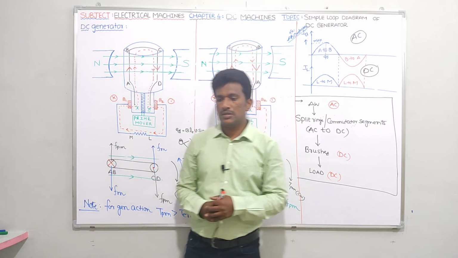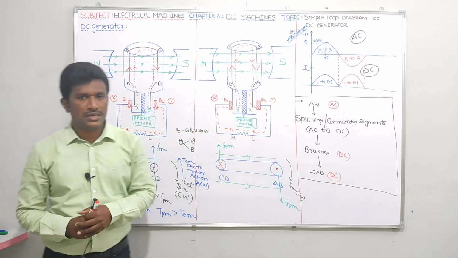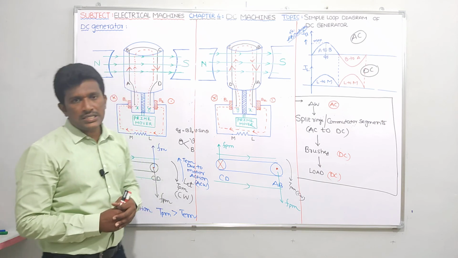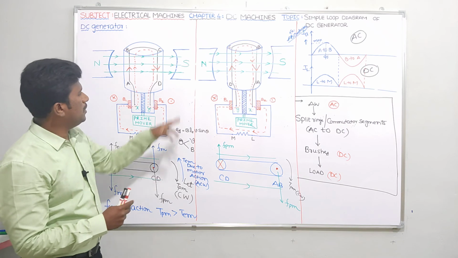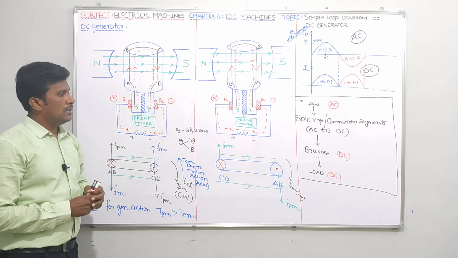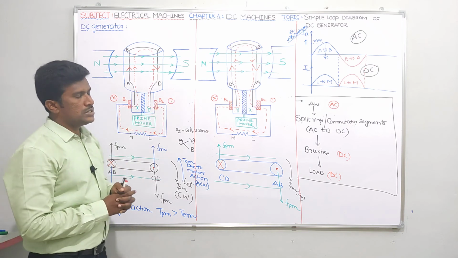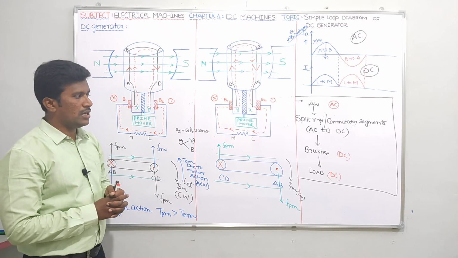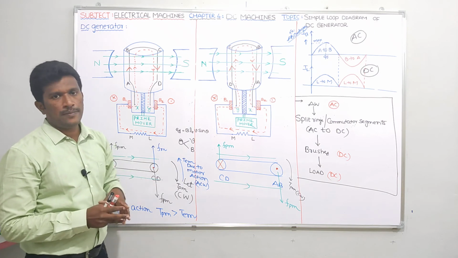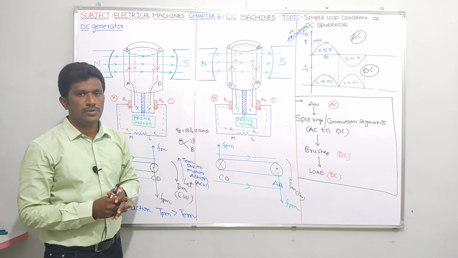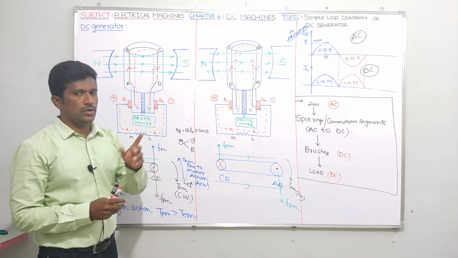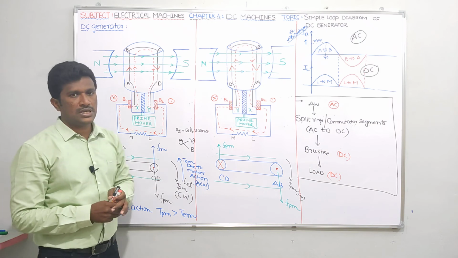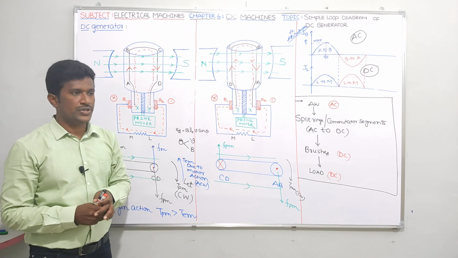it converts AC, which is induced in the armature winding, to DC, and DC supply is given to load through brushes.